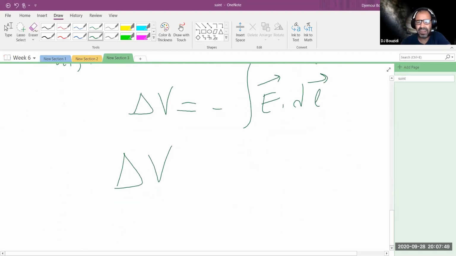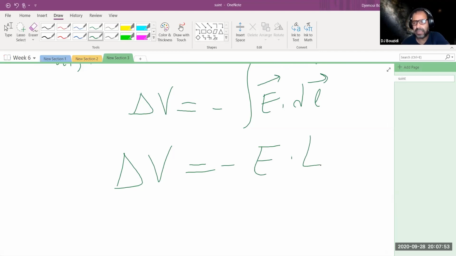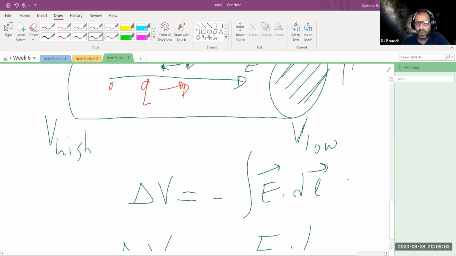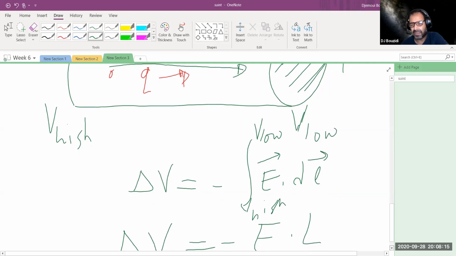So this integral becomes minus E times L, because the dL integrated from 0 to L is going to give me just the entire length of the wire. Obviously, the integration in here is the final value, which is V low, that is the last point, and this is V high. And this is as expected, minus V low minus V high is going to be V high minus V low.